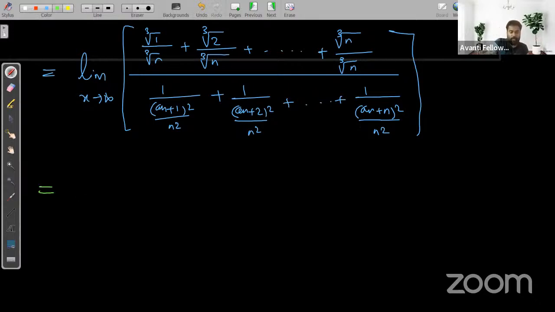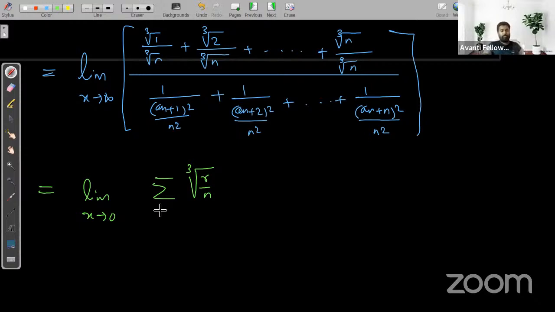So limit extending to infinity, the numerator we can write as summation of 1 upon n to the power, or cube root, we can write this as cube root of r by n. Yes or no? We can write or not? Yes.